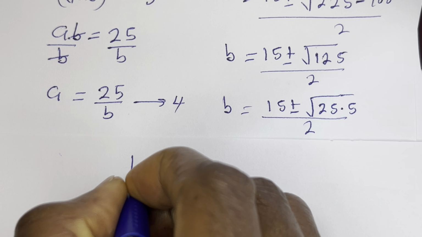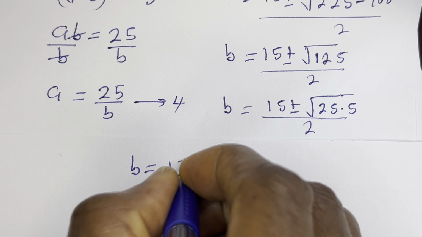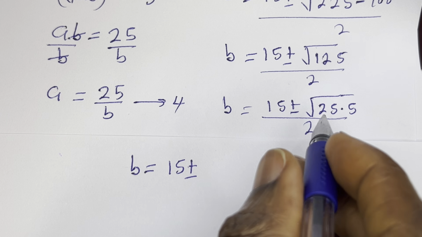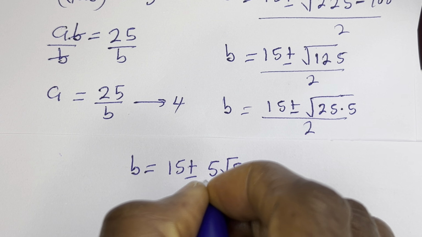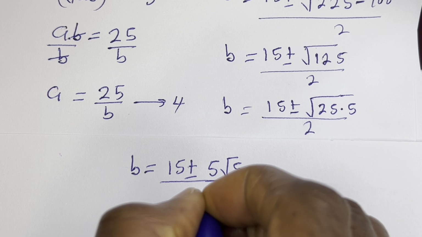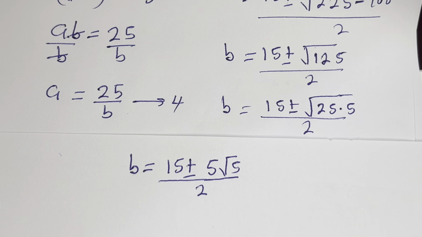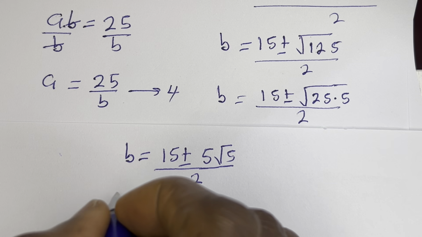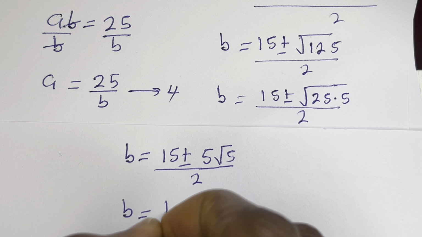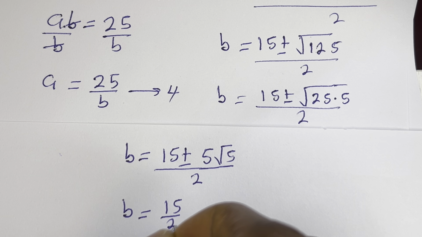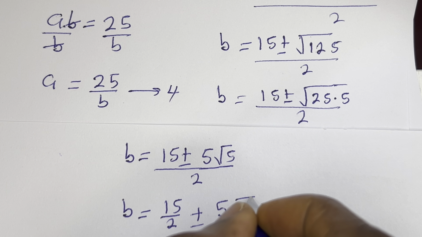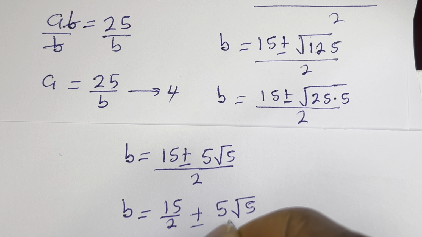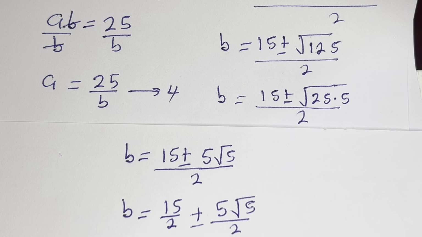Now b is equal to 15 plus or minus square root of 25, that is 5 root 5, everything divided by 2. Then b is equal to 15 divided by 2 plus or minus 5 root 5 divided by 2. This is the value of b. We've gotten the value of b.